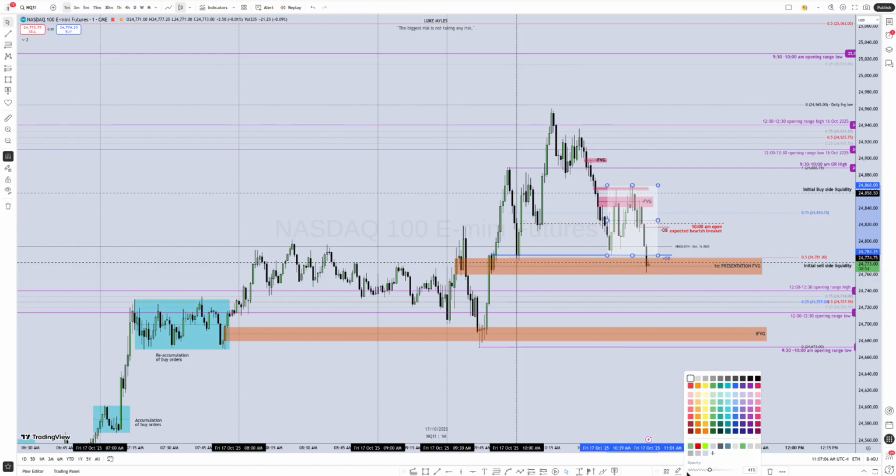How can I make this? How should I make this? Can I do what? Nah, my chart is going to look messed up.